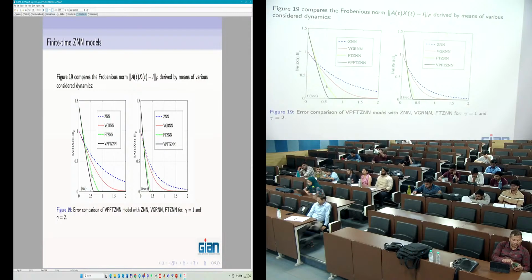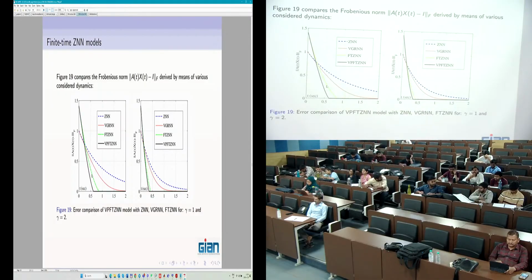As e of t goes to 0, this term will increase. Here we made the unification of finite time convergence and varying parameter mu of t.